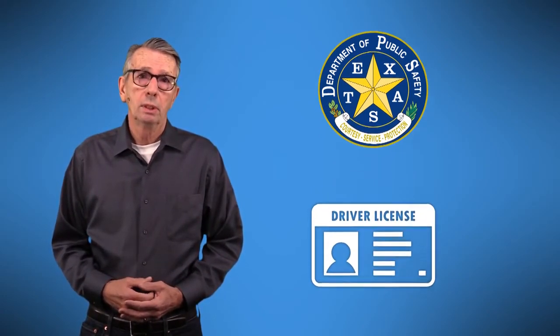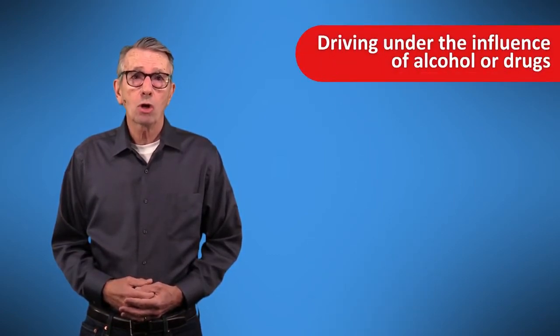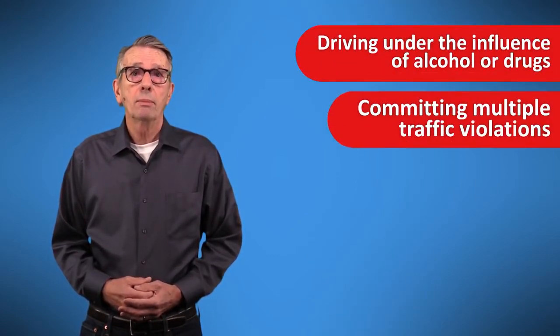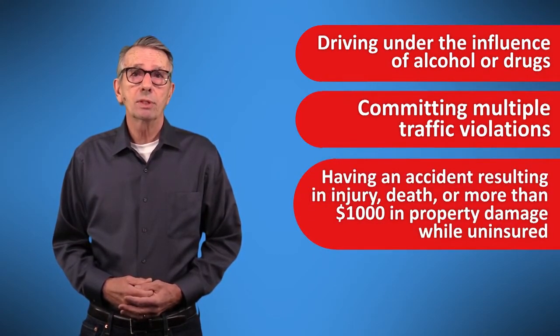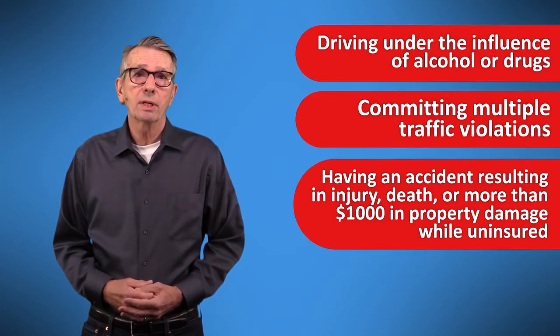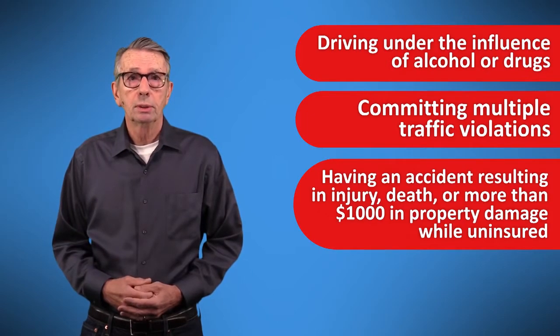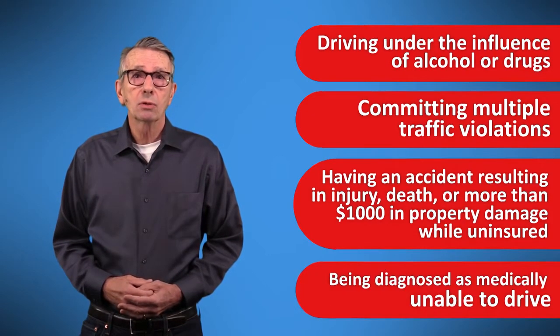They can include driving under the influence of alcohol or drugs, committing multiple traffic violations, having an accident resulting in injury, death, or more than $1,000 in property damage while uninsured, or being diagnosed as medically unable to drive. Other offenses and violations carry different suspension terms.